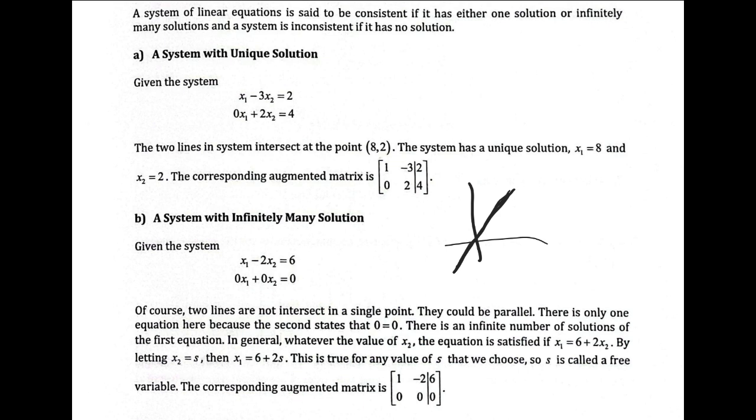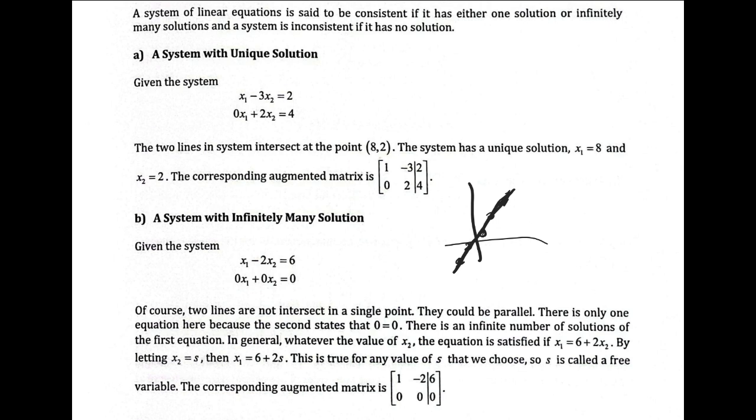When they overlap each other, what does it mean? It means that the system has an infinite number of solutions, because the intersection points are everywhere along the line, so it can be any point. You have infinitely many intersection points between the two lines.